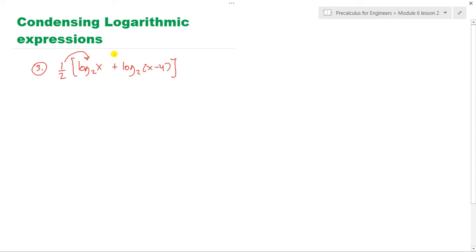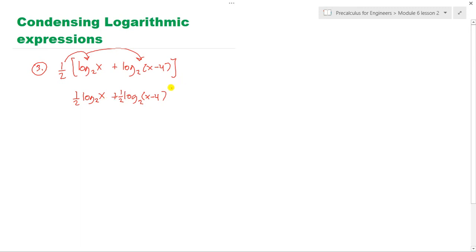So kani atong simplify, multiply both sides, that is 1/2 log of x to the base 2 plus 1/2 log of x minus 4 to the base of 2.